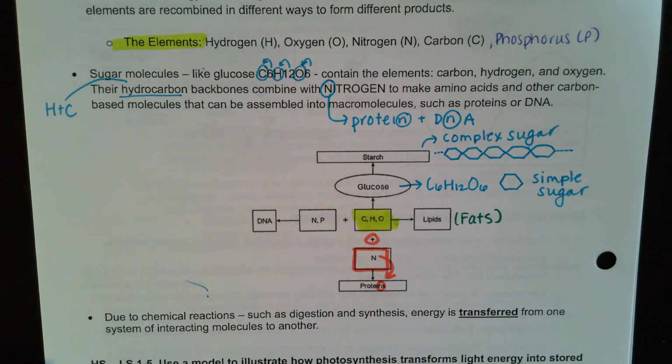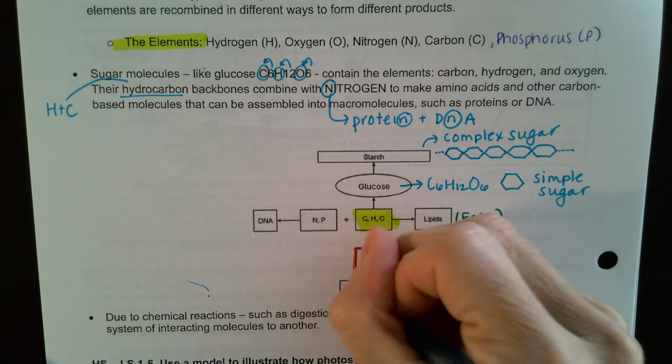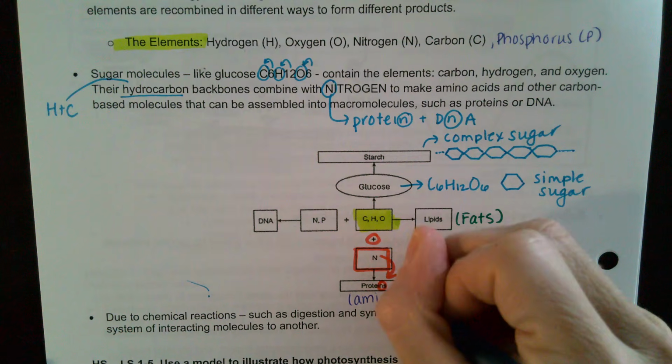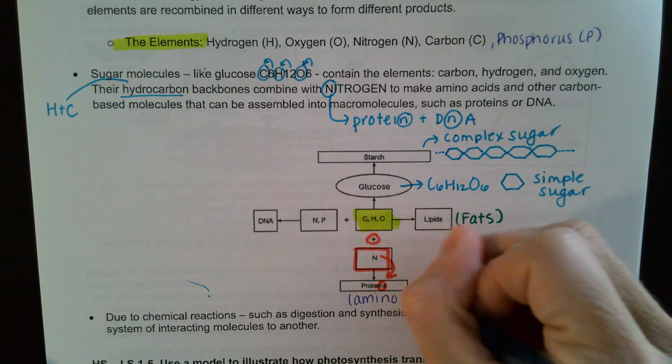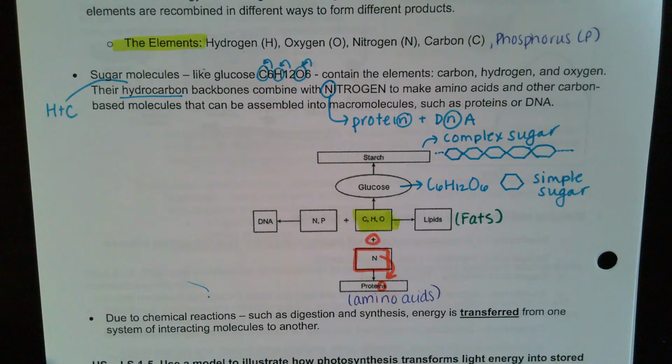Another thing I like to do when I'm annotating different types of models is I think, protein's the big molecule, what would be the small molecule? Making these types of connections on the test is going to better allow you to answer the questions. So when I put together a lot of amino acids and I bond them together, then I make a protein. Amino acids and proteins are both made up of carbon, hydrogen, oxygen, and then nitrogen.